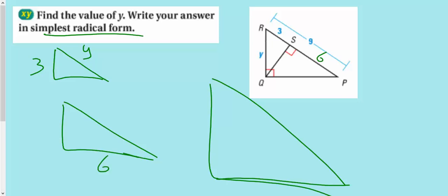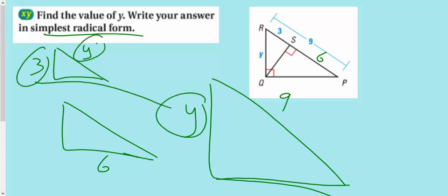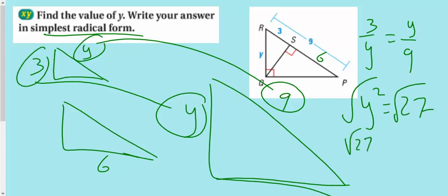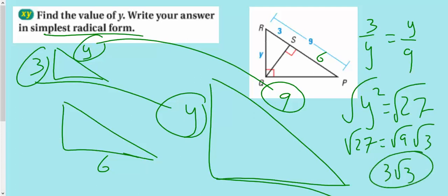And my large one I have y and 9. So the only option I have here is these and these. So I have 3 divided by y equals y divided by 9. So y squared equals 27. Square root both sides. We have the square root of 27, which breaks down into square root of 9 times square root of 3. So 3 root 3, that is our simplified radical form, and that would be your answer.